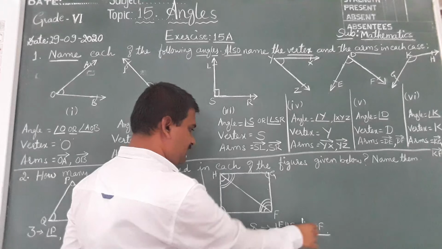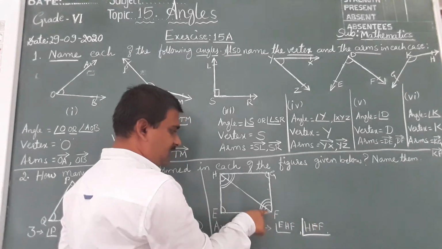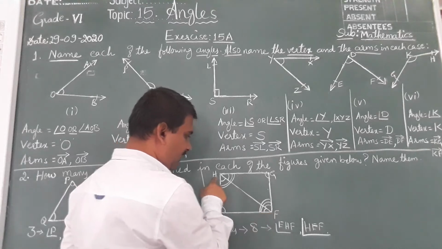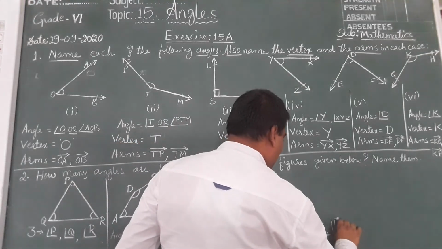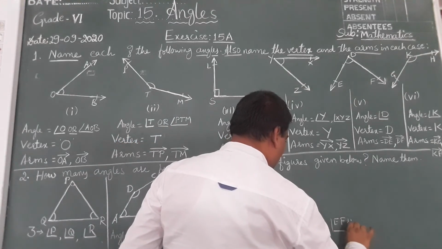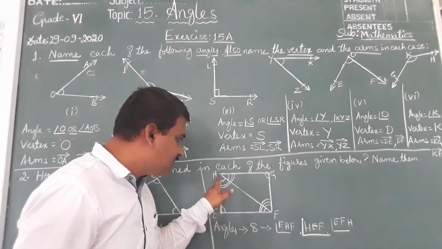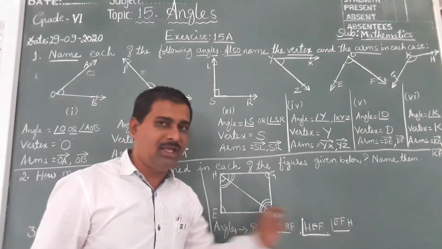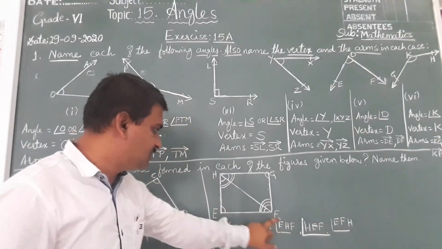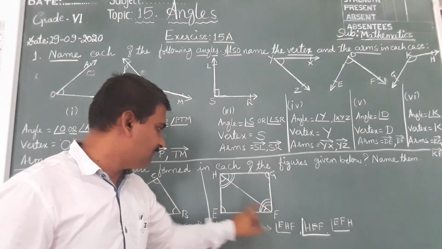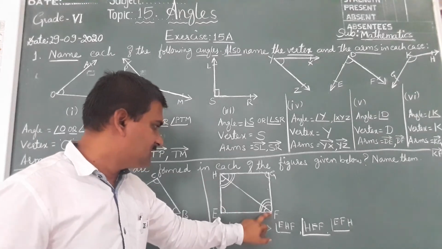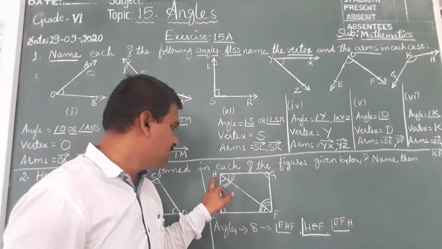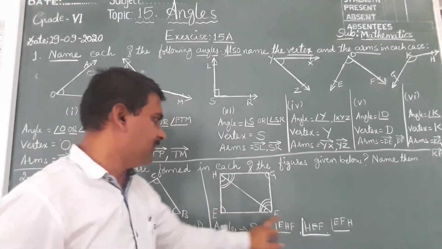H completed and E completed. Next, this one, F: EFH. Children, with one triangle, this is a part of a triangle, we will get three angles. One is EHF, second is HEF, third is HFE.